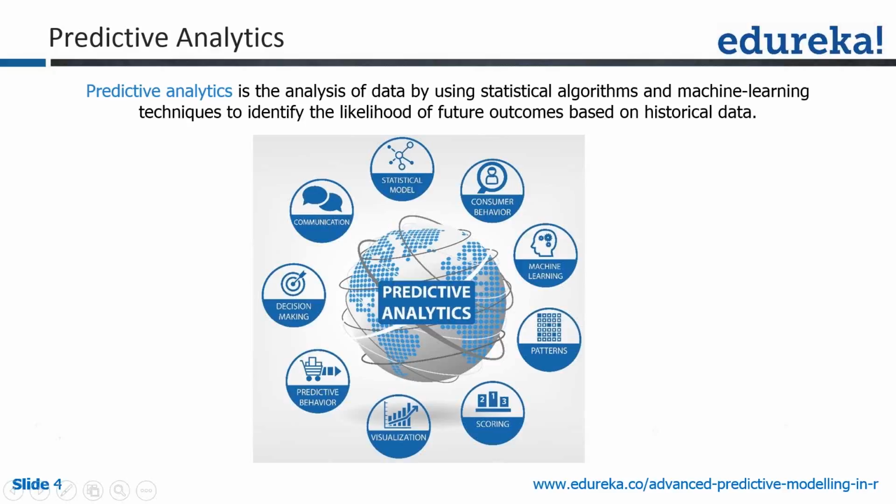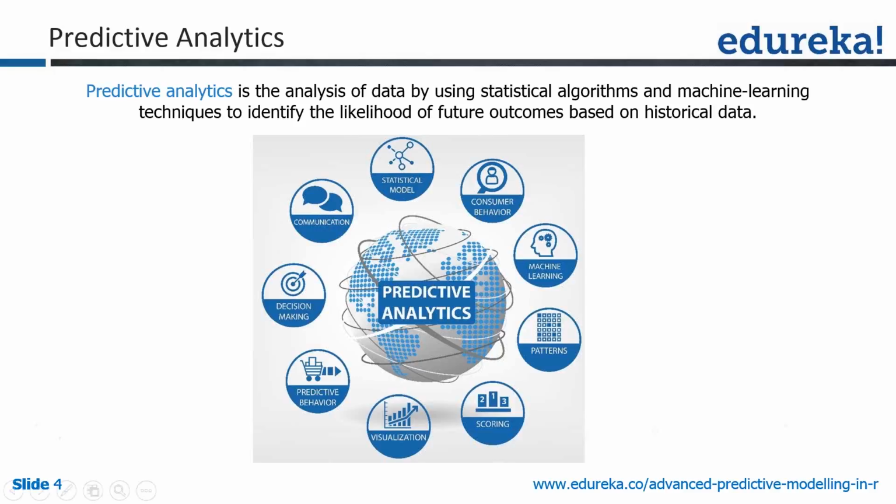So predictive analytics is all about using some kind of statistics, some kind of algorithms, some kind of data mining techniques, which is nothing but machine learning. And all you do is you look into your historical data, historical patterns, historical consumer behavior, and come up with a prediction.